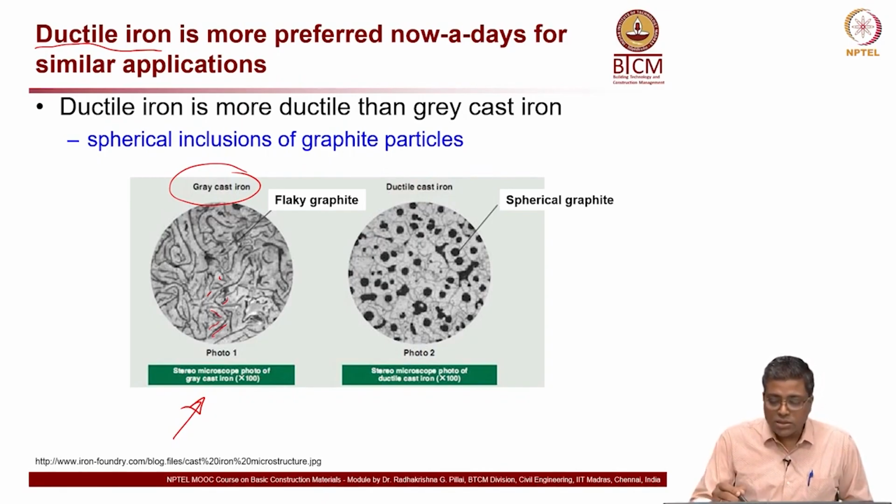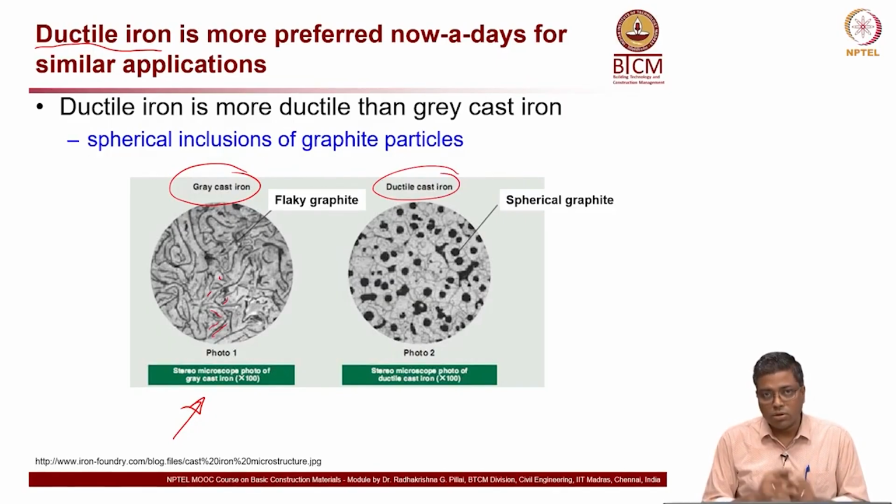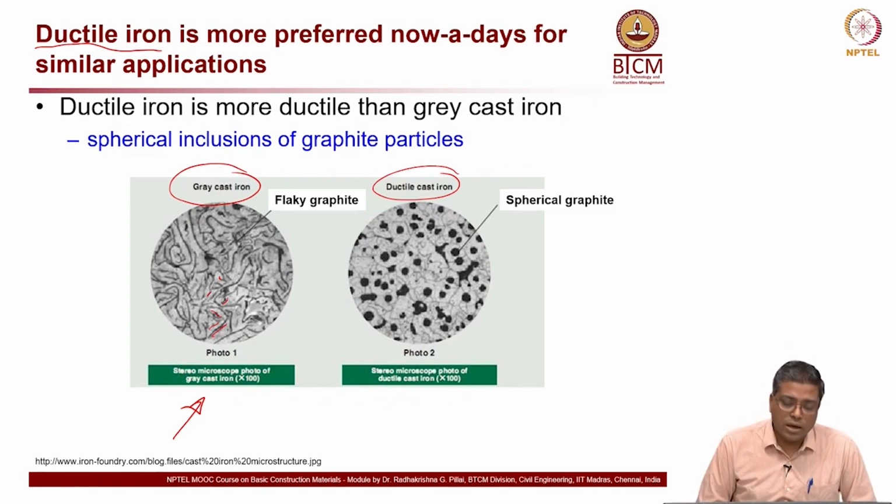And that is why it has very high brittleness. Whereas in the ductile cast iron on the right side, you will see this spherical or globular graphite. In such a microstructure, crack propagation is not as easy as in cast iron, where it has flaky graphite.